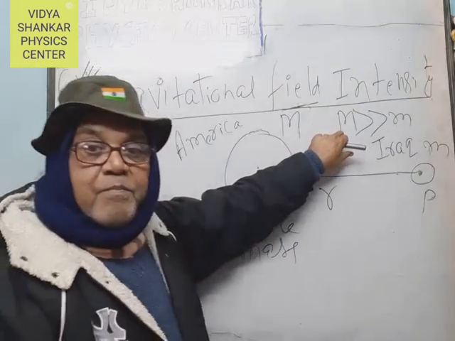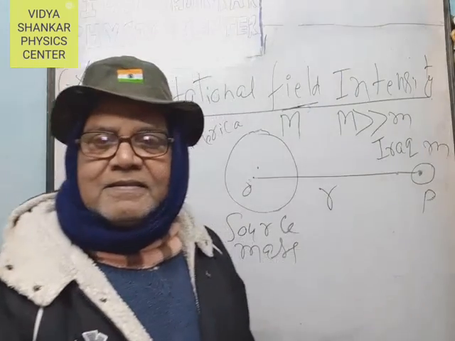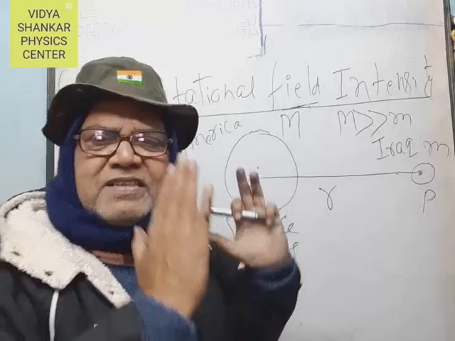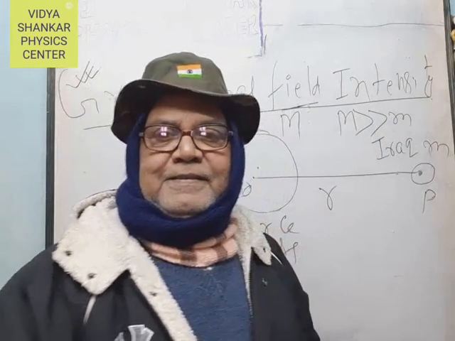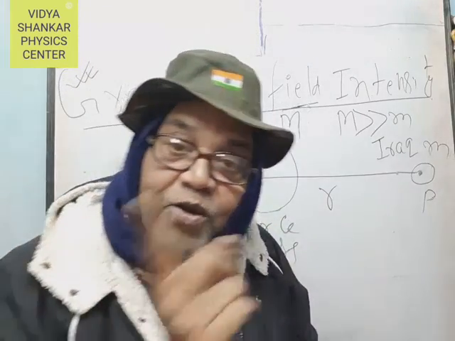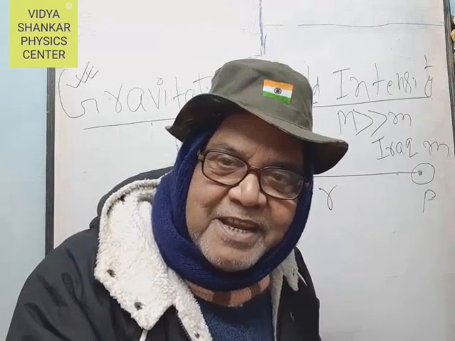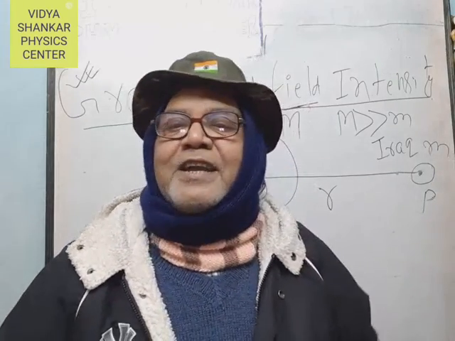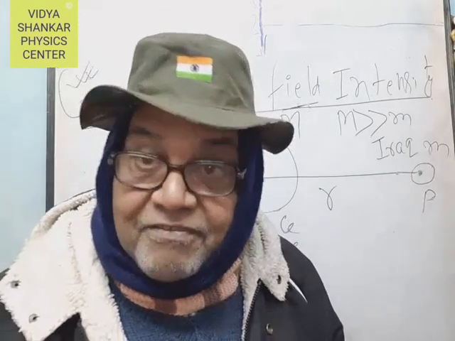Capital M, the mass of America, is greater than the mass of Iraq. America always exerts force on Iraq; Iraq does not exert force on America. A one-sided process is being discussed here, one-sided force, in order to explain the intensity of the gravitational field.